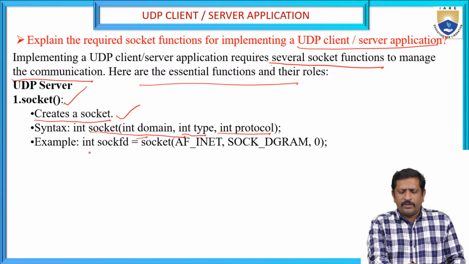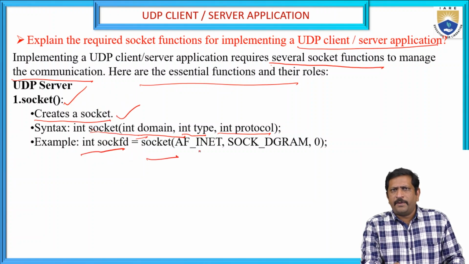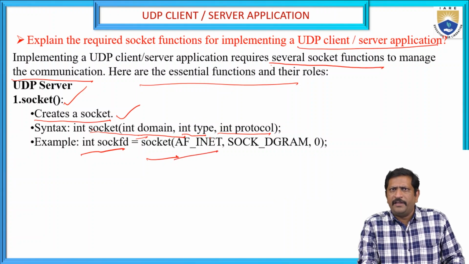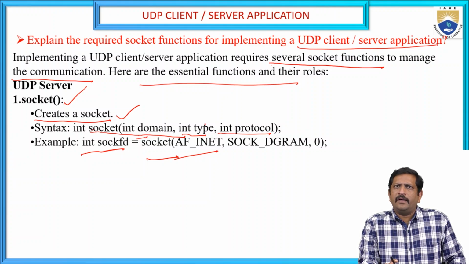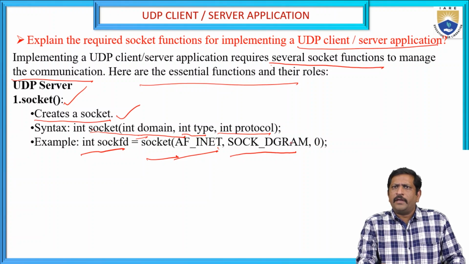For example, int sockfd, the socket file descriptor, equals socket(AF_INET, SOCK_DGRAM, 0). The domain is the AF_INET family, and the type is datagram, so we are utilizing the datagram socket type.